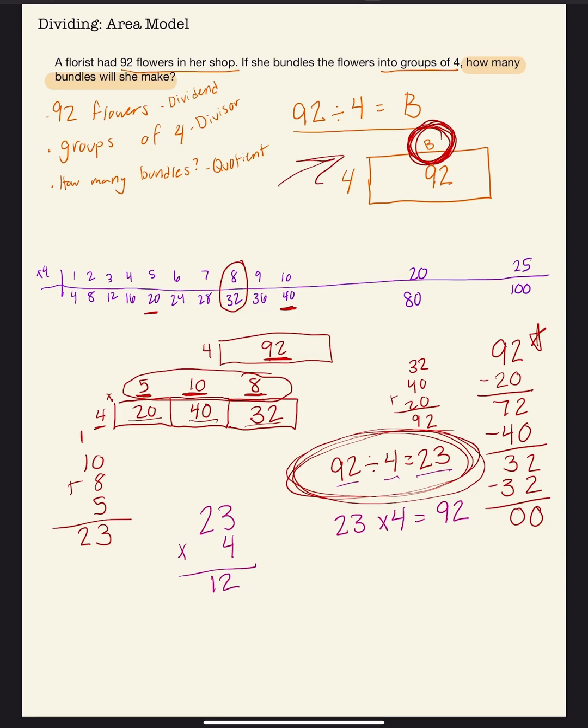And then I know 4 times this, which is the digit 2 but represents 20. 4 times 20 is 80. And when I add those together, I get 92, which means I checked it, meaning my answer is 23 because 92 divided by 4 is 23.